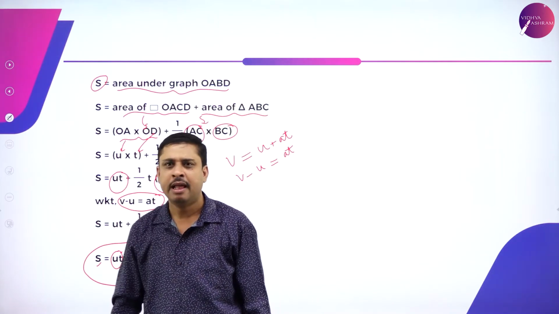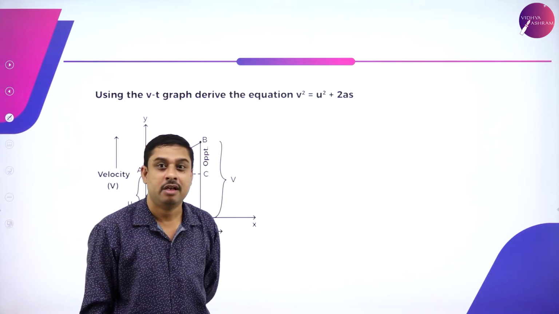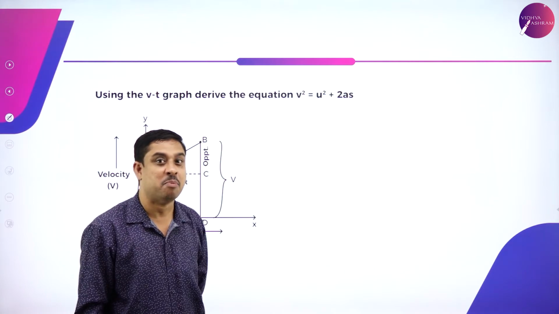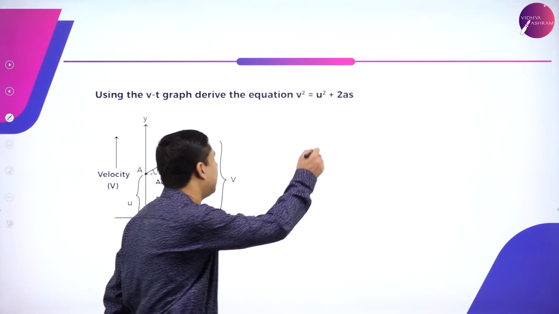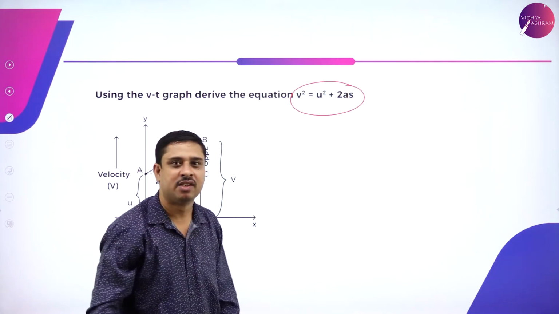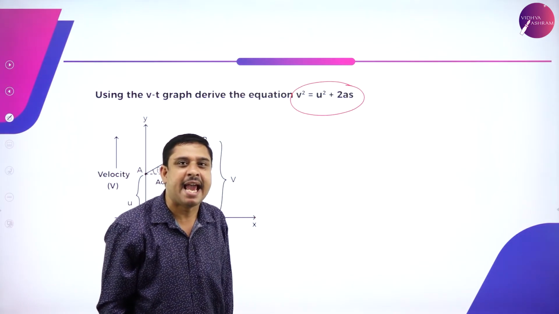Now, continuing further, the most established equation of motion, the big fish in the pond: V square equals U square plus 2AS.